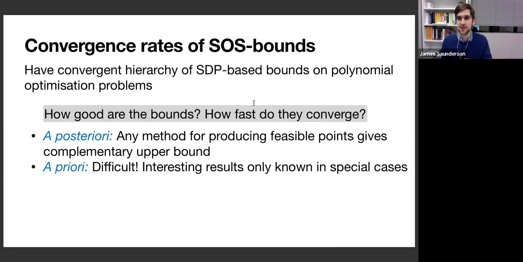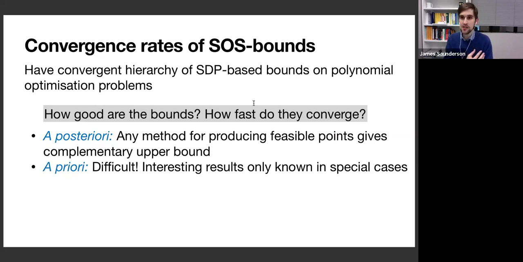This goes back to a question of Andrew's from Monday. We've got this very general way to construct semi-definite programming based bounds on polynomial optimization problems. But how good are these bounds? How fast do they converge and so on? Of course, in general, this is super hard to make any progress on. And I guess I want to make 2 points.